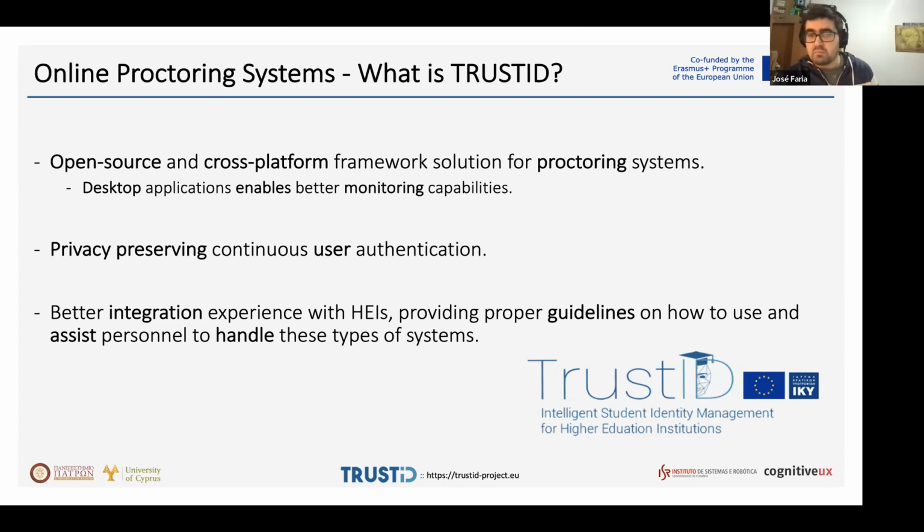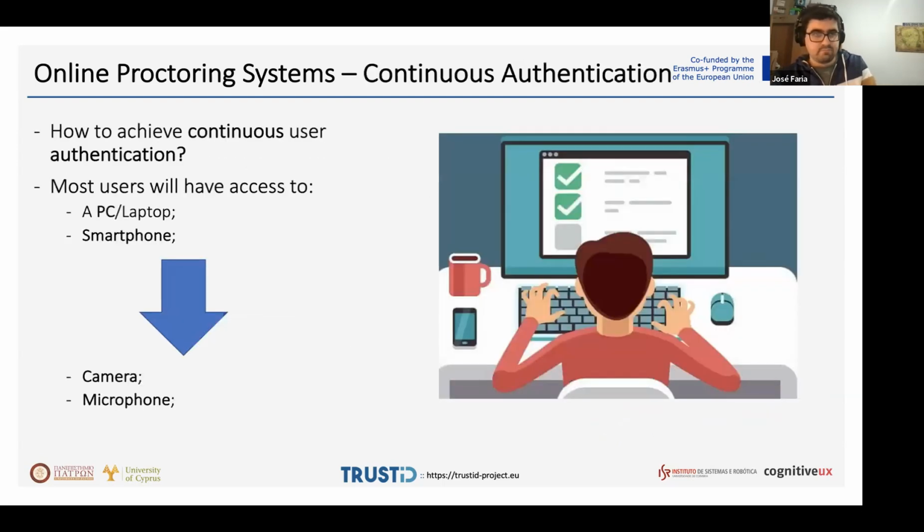And we want to provide proper guidelines so that people will know how to use not only our system, but other similar systems, being able to interpret how they should handle these types of events of suspicious behavior, and how we can provide a good experience for distance learning.